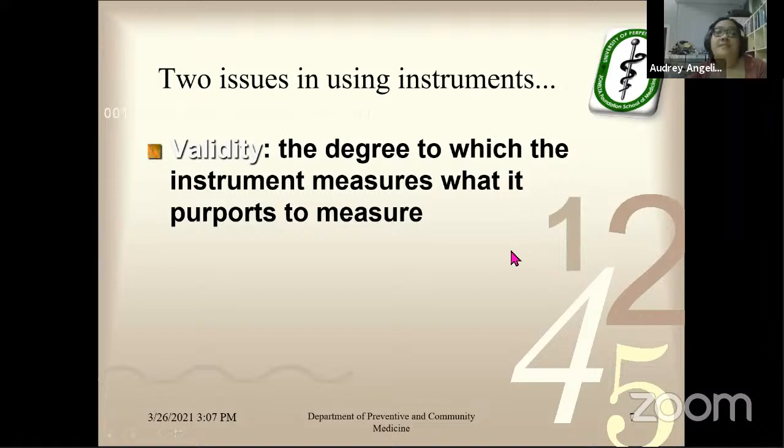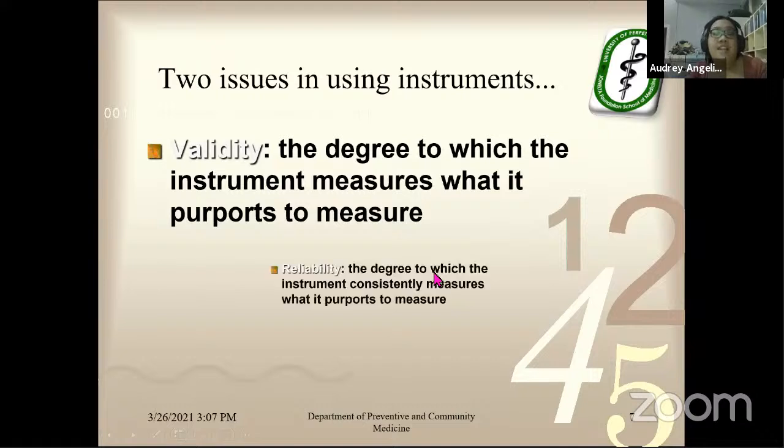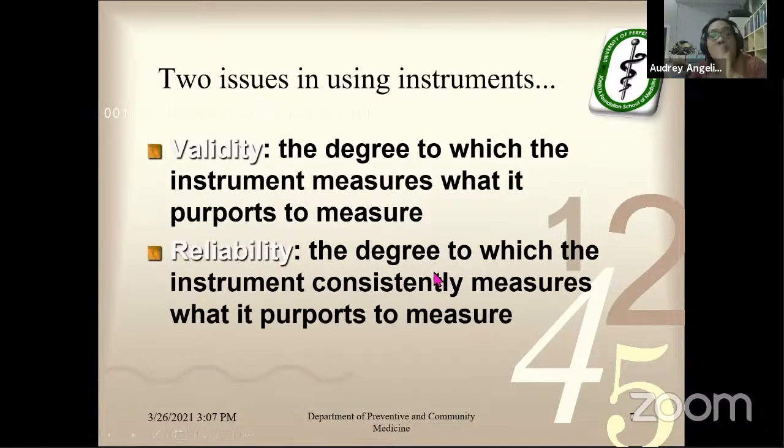Okay? The concept of validity is clear, as compared to your reliability. It's the degree to which the instrument consistently measures what it is supposed to measure. A common example would be a BP apparatus, which measures your blood pressure.